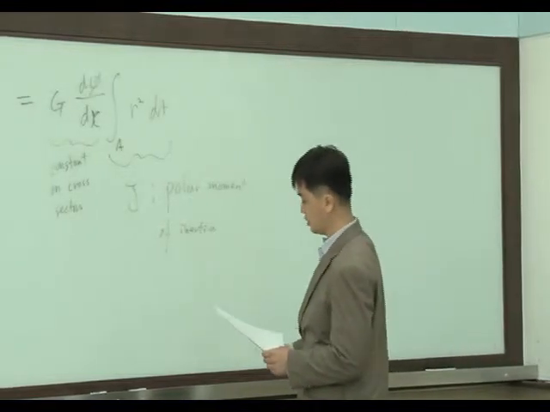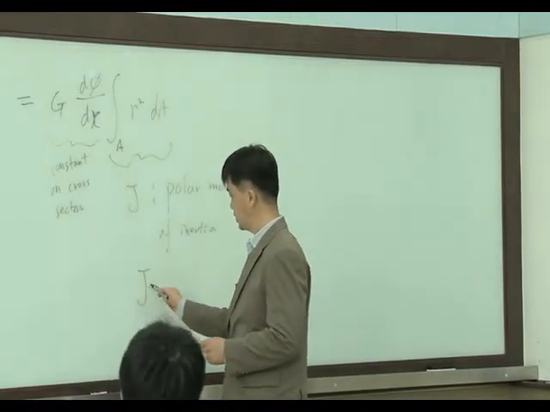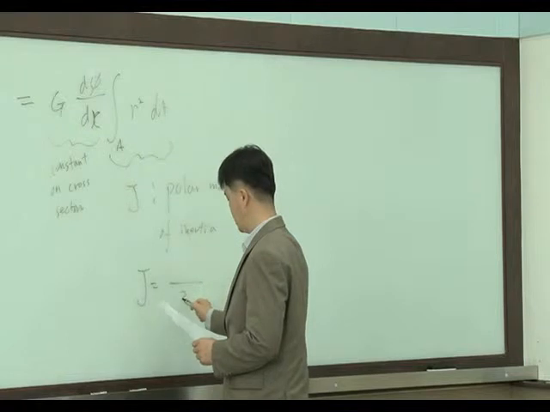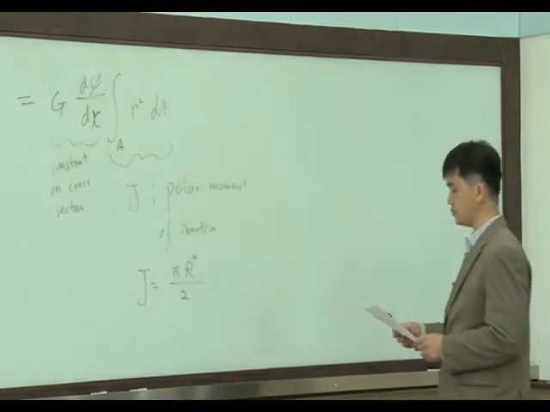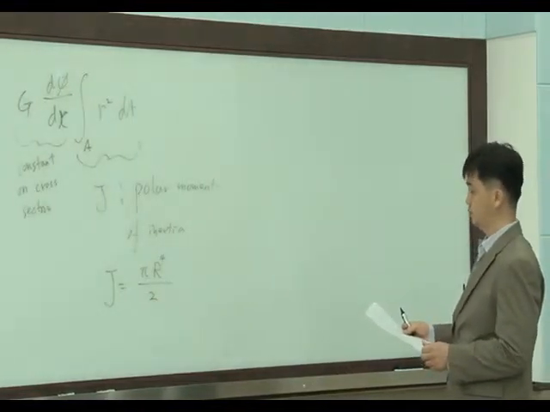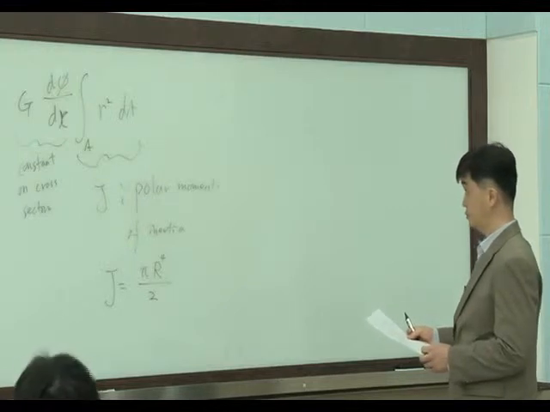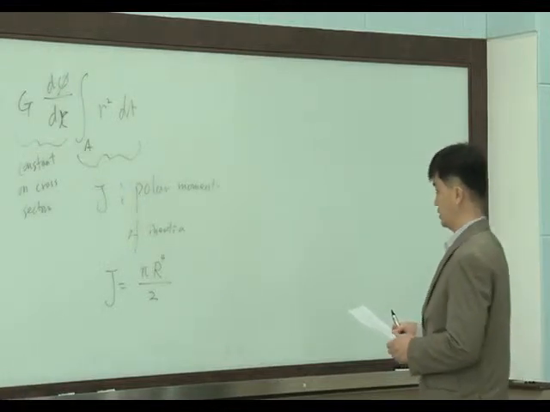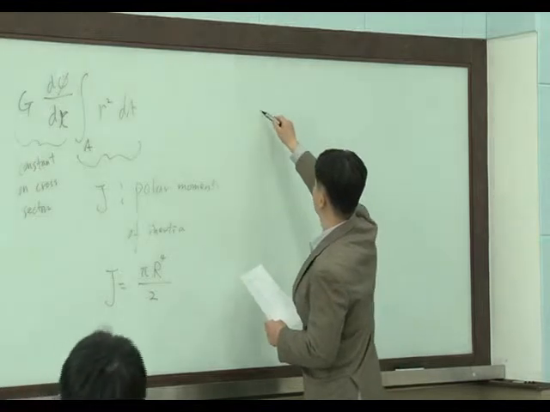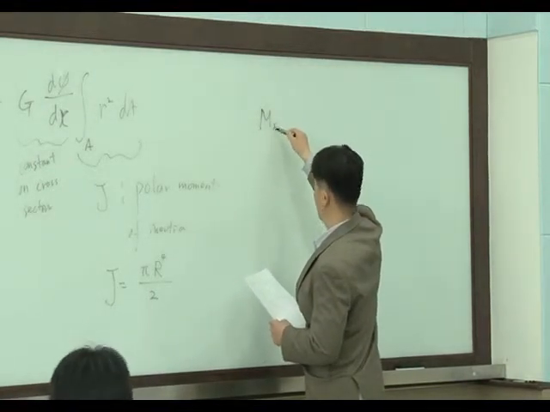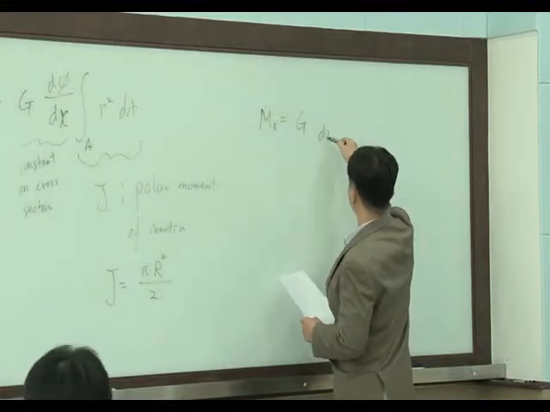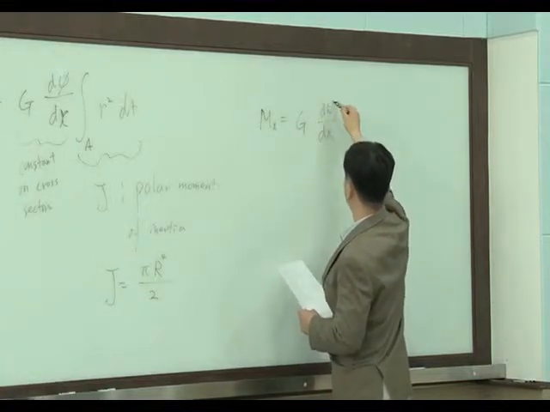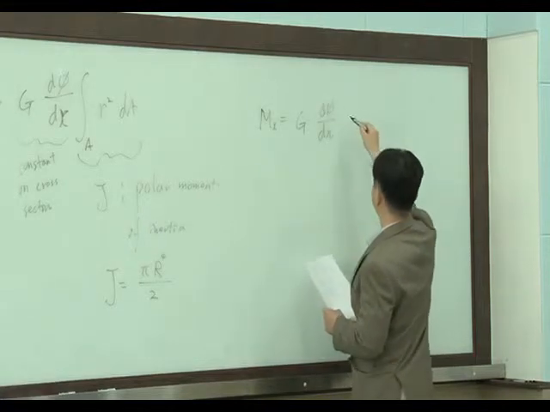So in the circular cross-section case, J equals pi R to the fourth over 2. So from that equation, we can find out Mx equals G dphi/dx J.